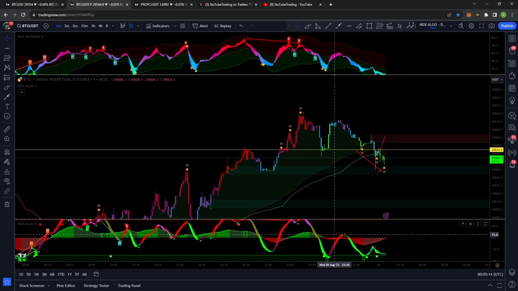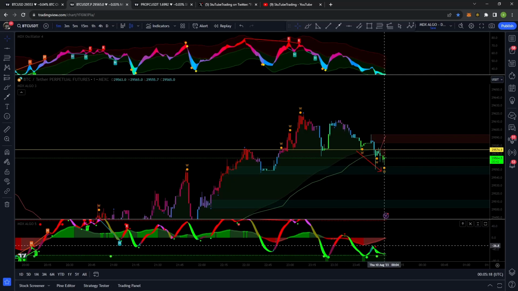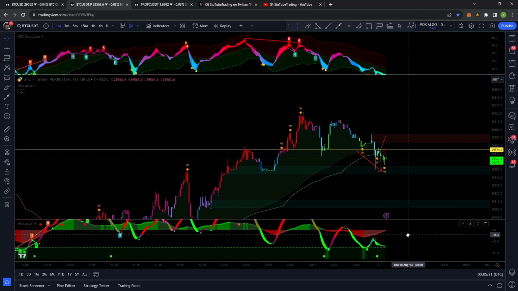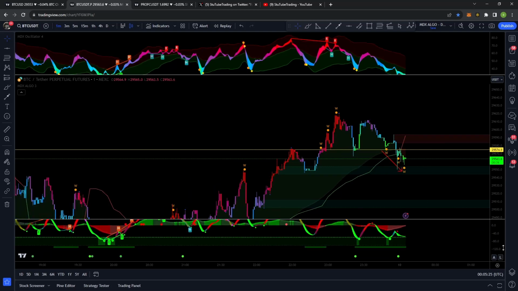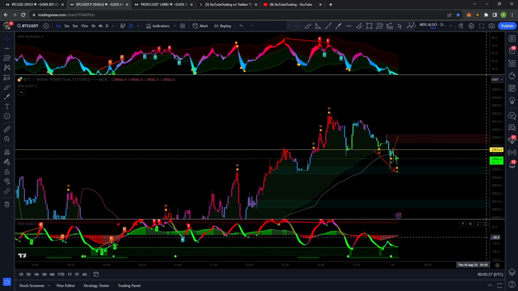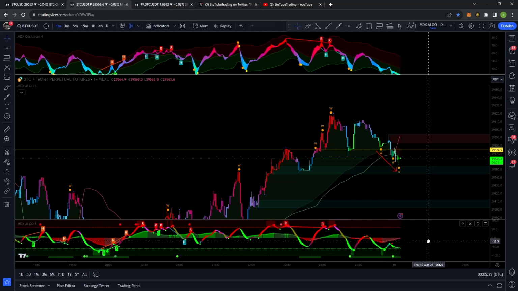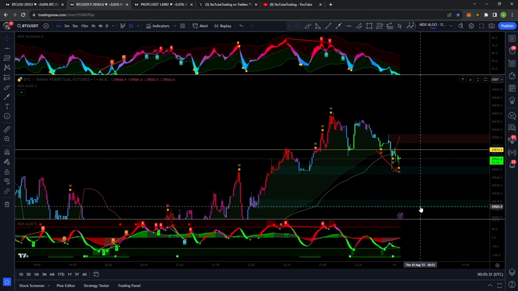There's no green buying volume cloud yet, money flow, but we do have a lot of green starting to show up for sure. And we are close to the bottom of the MDX 5 there for sure.